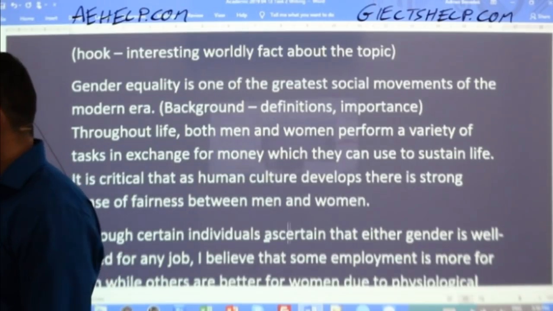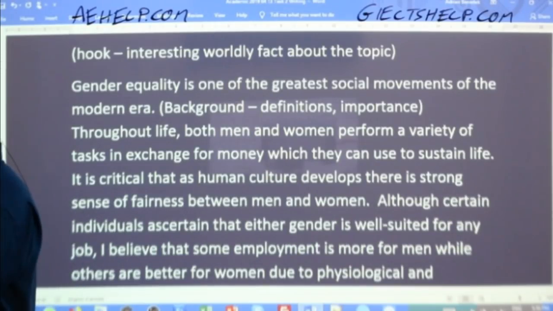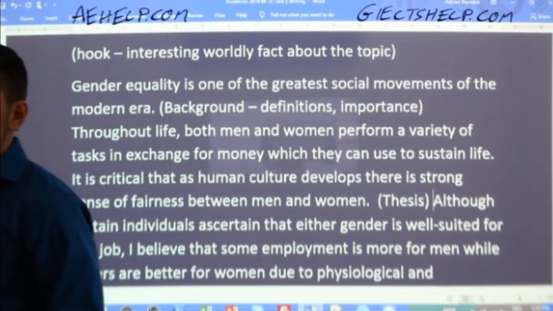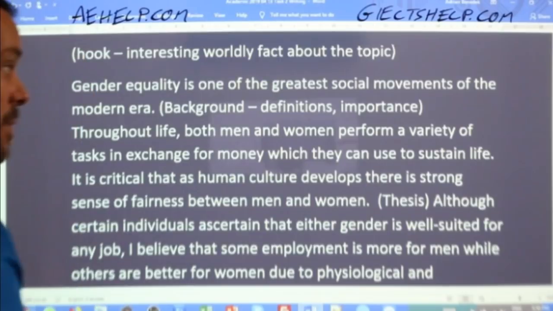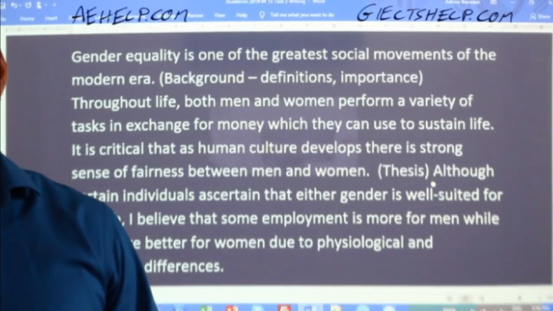That's why the question's important. So this is your Band 9 introduction, students. This is a guaranteed Band 9. Even if you got a Band 9 without the hook and the background, this way you are certainly going to get a Band 9 if you have correct grammar, spelling, and so on. Okay.